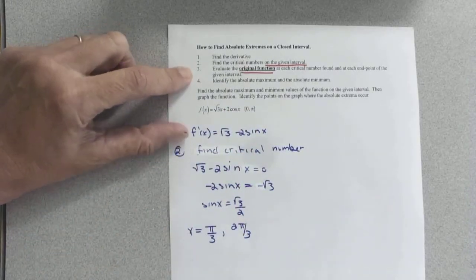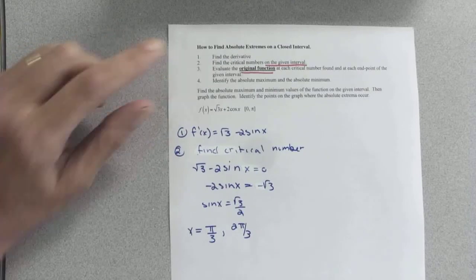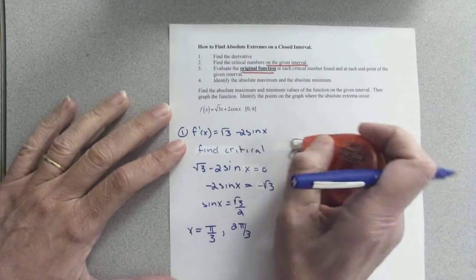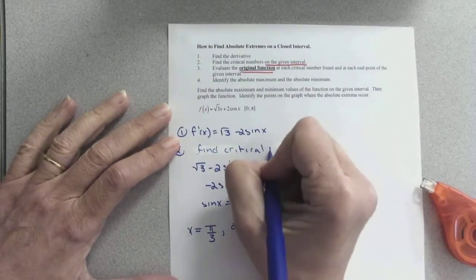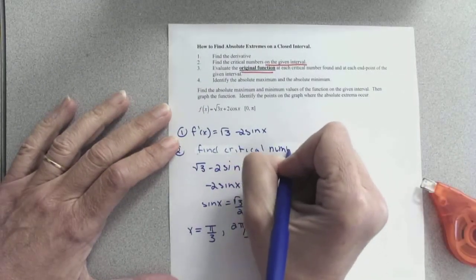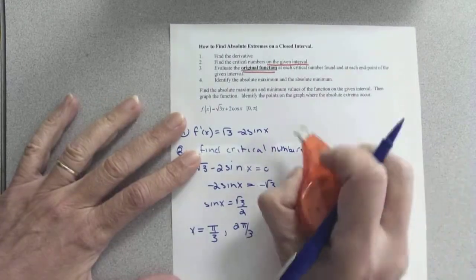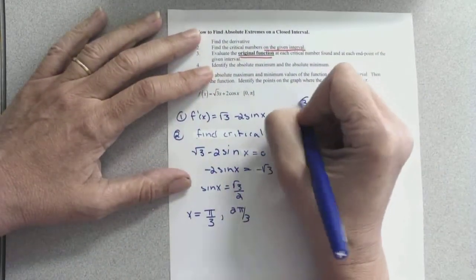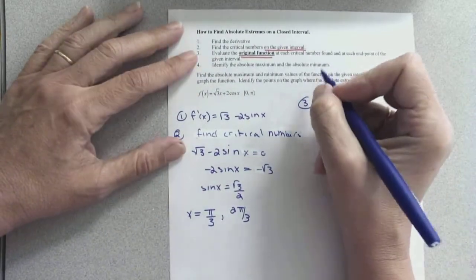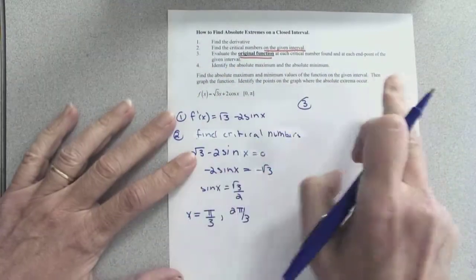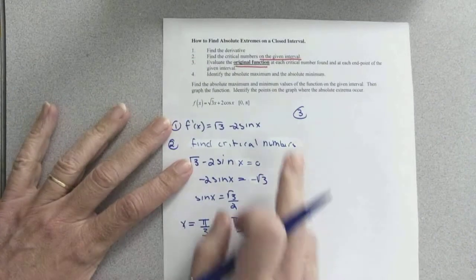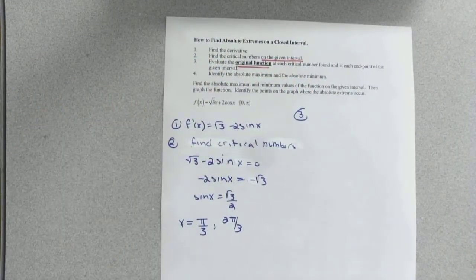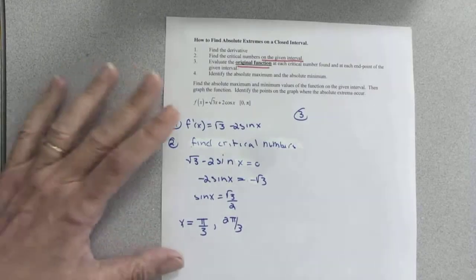Step 3, evaluate the original function at each critical number. I didn't read the whole thing for step 3: evaluate the original function at each critical number found and at each endpoint.